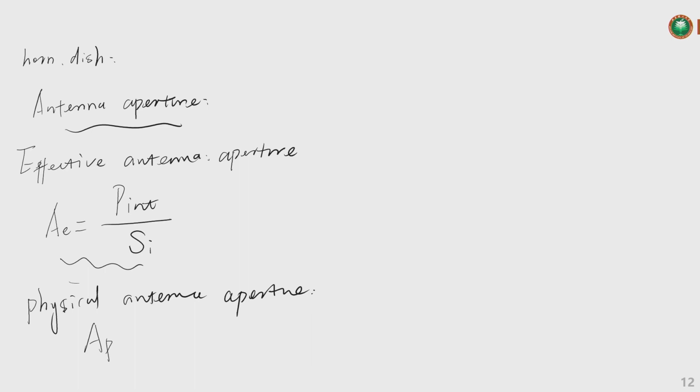Now, if we take the pattern solid angle, the pattern solid angle is omega p, all right? If it is related to the effective aperture, it can be expressed as this one. And the directivity can also relate to the effective aperture, because the directivity is 4 pi over omega p.